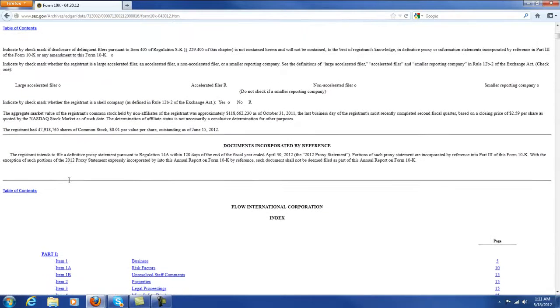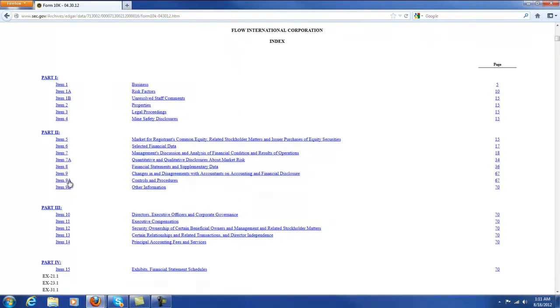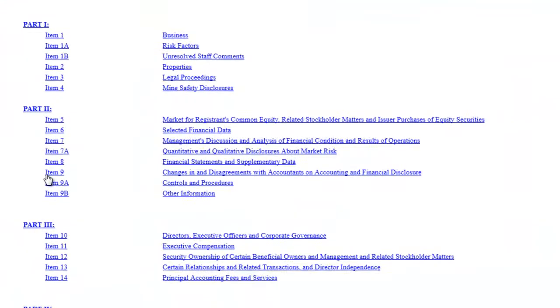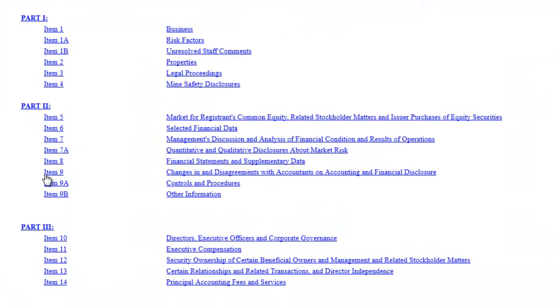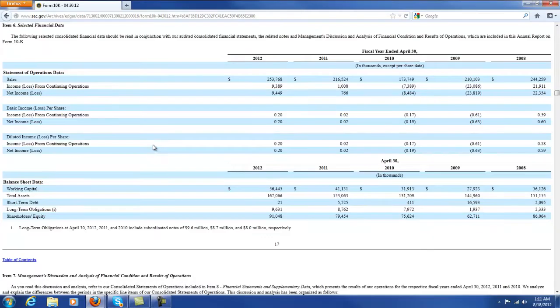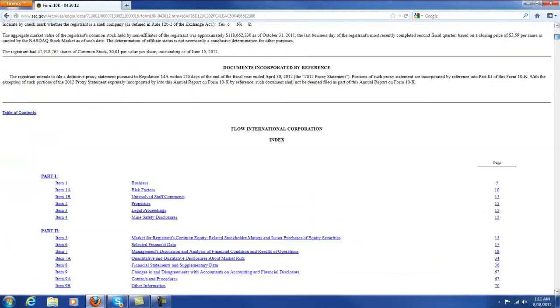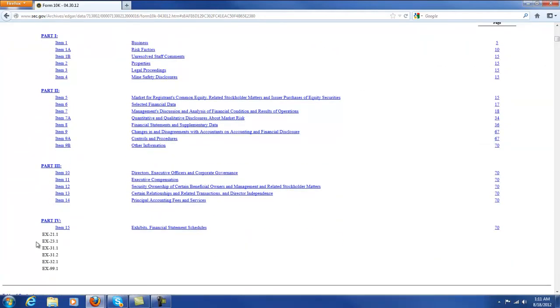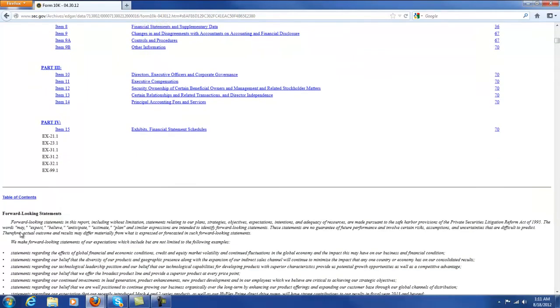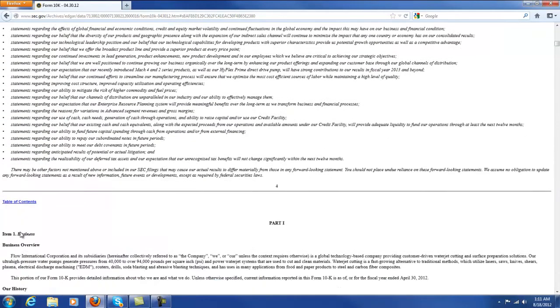And if we scroll down through the document, we can see a table of contents, and it is interactive, so you can click on financial data and you will be taken to this section. Let's go back again. So let's slowly scroll down through 10K, and I will just briefly describe what is included in it.